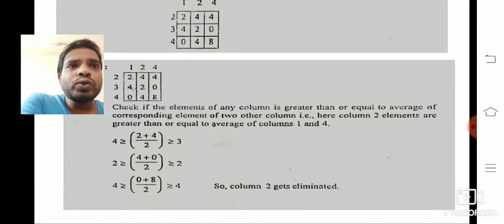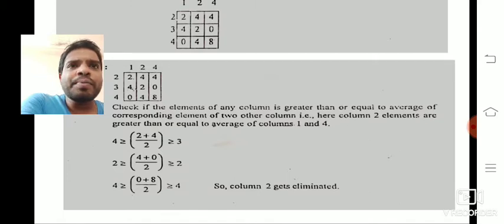After taking the average of columns 1 and 4, it will bring 3. For the 2, 4 plus 0 divided by 2 gives 2. Again, 0 plus 8 divided by 2 gives 4, and again it is greater than or equal. Now column 2 elements are greater than or equal to the average of the other two columns, 1 and 4, so that the dominated column gets eliminated here.